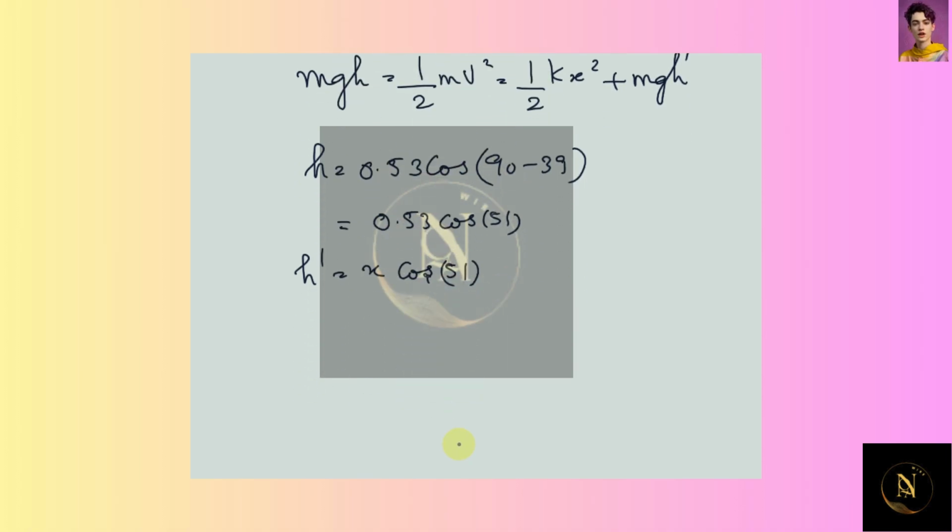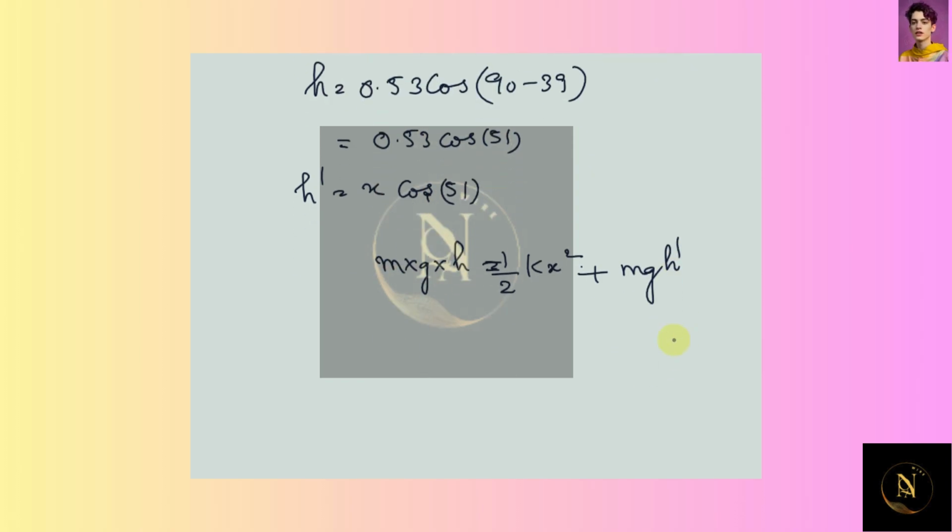To find the compression of the spring, we can use m g h is equal to half k x squared plus m g h dash.